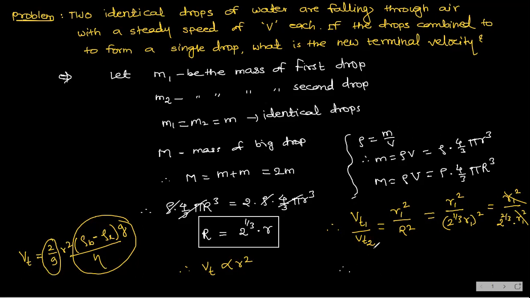And therefore Vt2 is equal to this. I am transferring here, 2 power 2 by 3 into Vt1. Okay. Understood? You can do it yourself. Just we have to transfer the terms. Now do it yourself fast and note down.